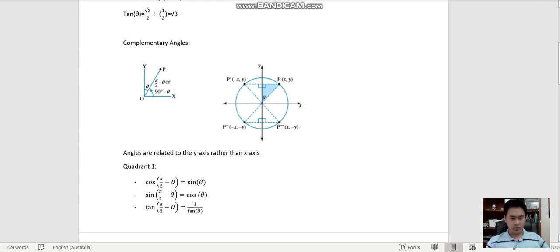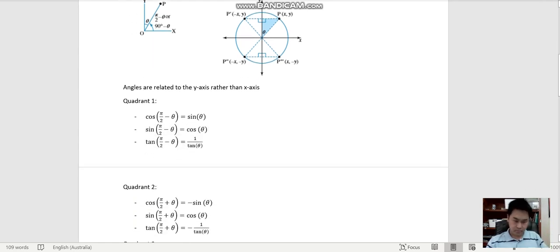The hypotenuse is 1, and the adjacent is actually the y value, the sine. The same is true of sine. This is what complementary means, because theta and pi over 2 minus theta add up to 90 degrees. Because sine and cos are swapped in complementary angles, tan of pi over 2 minus theta becomes 1 over tan theta.